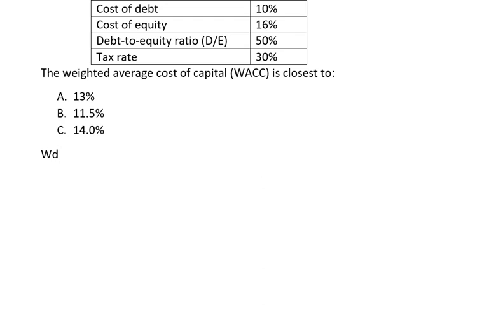Weight of debt equals DE ratio divided by 1 plus DE ratio. We put in the numbers and get 50% divided by 1 plus 50% equals 33.3%.